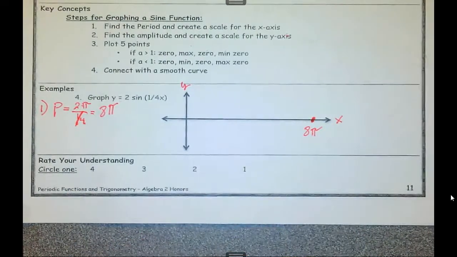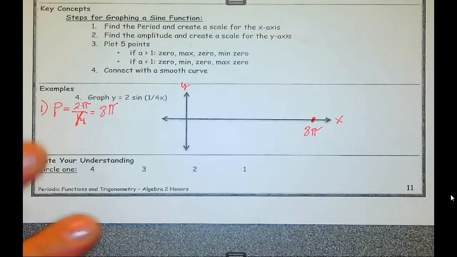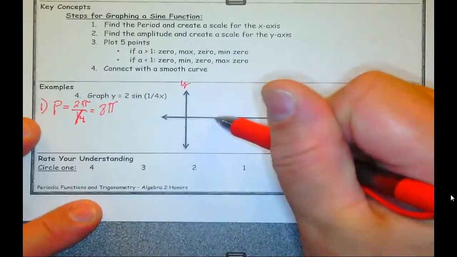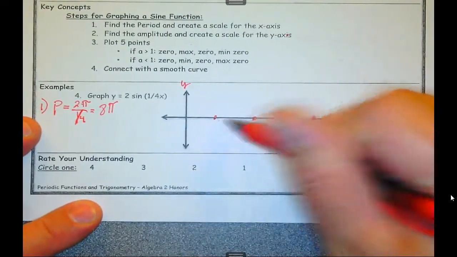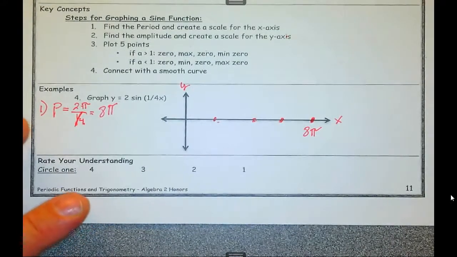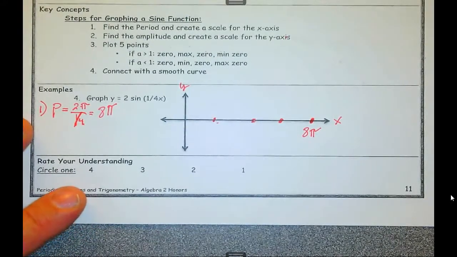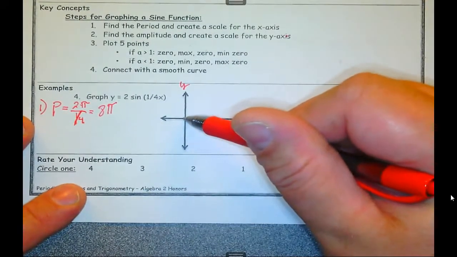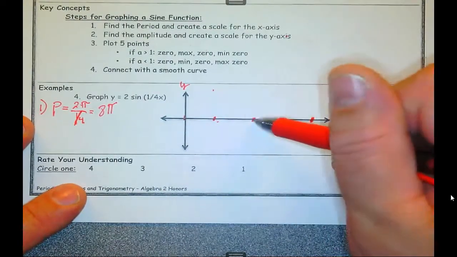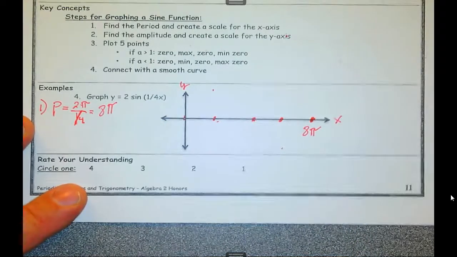Now, there's all different kinds of ways to scale this. My first year I was with Mrs. Abruzzo, and she did a pretty good job. She did it a different way. She said, well, we know we're going to have to put in 4 points, because the sine function has a 0, a max, 0, min, ends at 0.